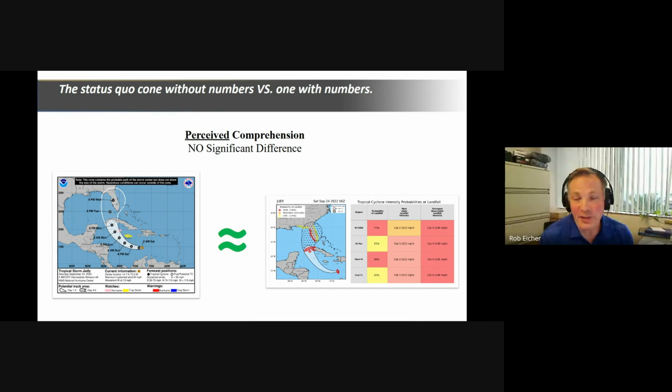So we were somewhat encouraged that a graphic that has been in use for over 20 years, and that every Florida resident probably recognizes, was just as understandable as our brand new prototype that had all this new numerical information in it.